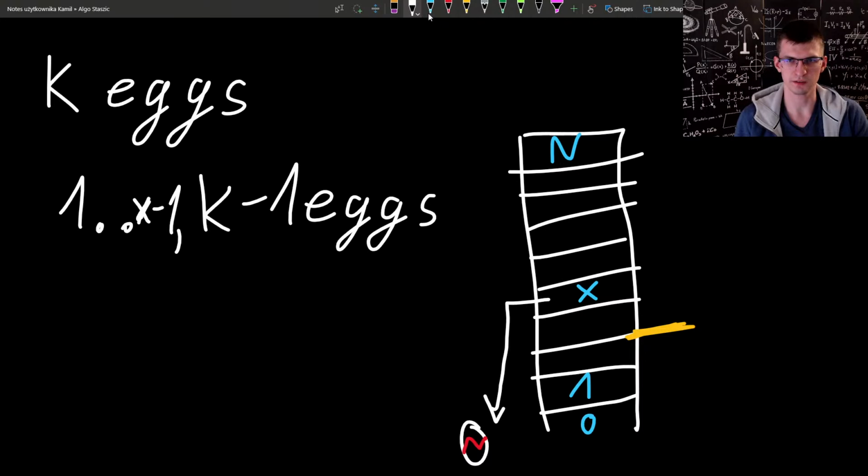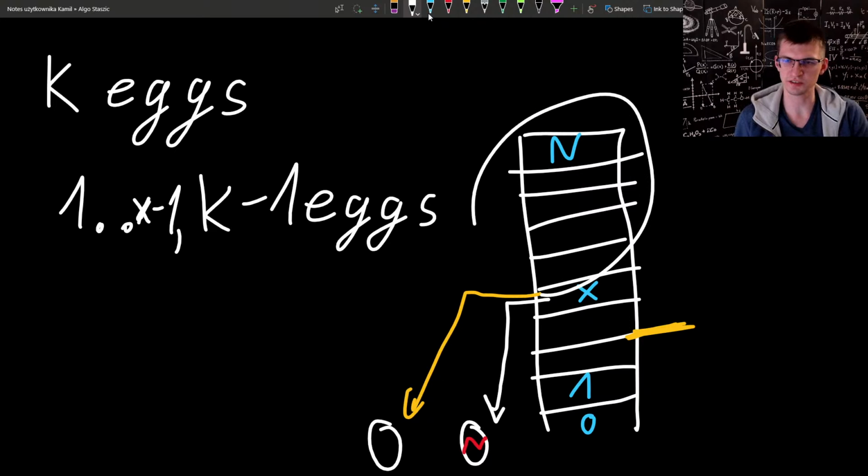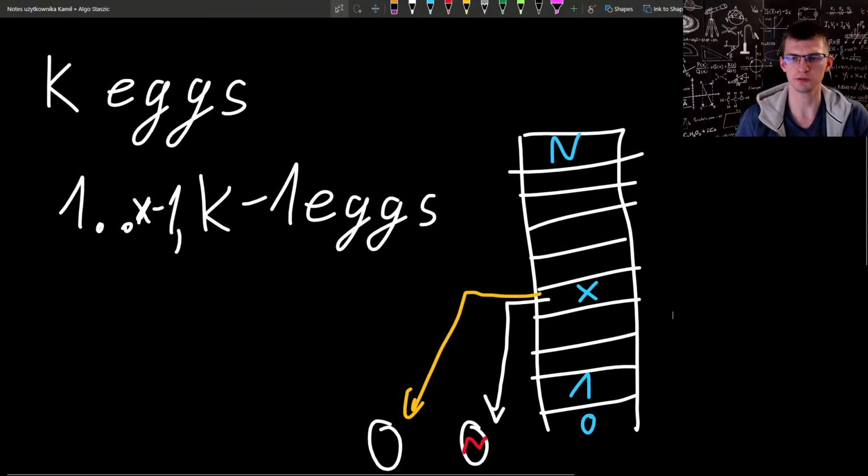Or the other possibility is that it doesn't crack. We drop from here and it doesn't crack. Then what happens? Then we know that the mysterious floor, the border from which we need to drop in order to crack, is somewhere higher. We don't know where, but we know it's one of those.